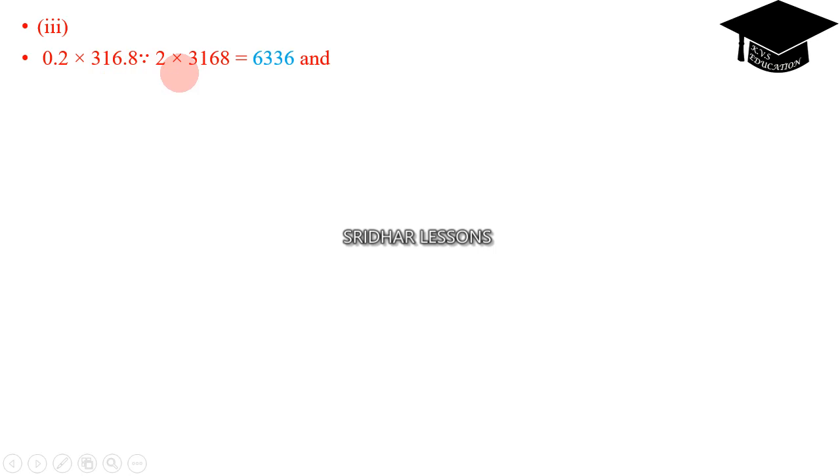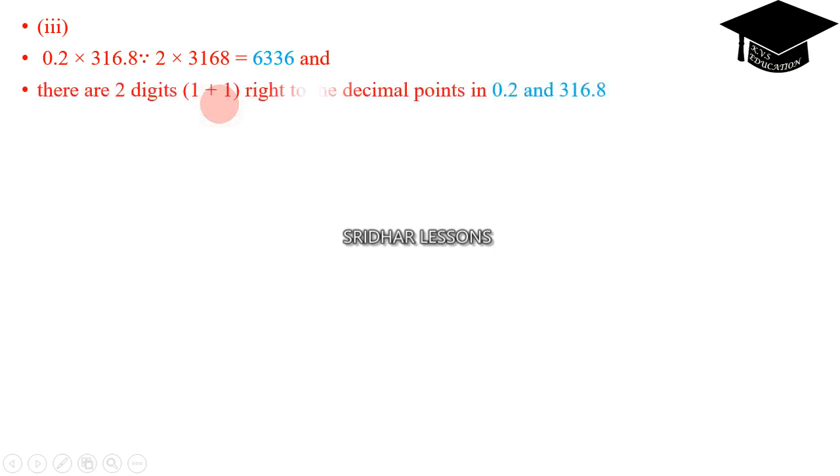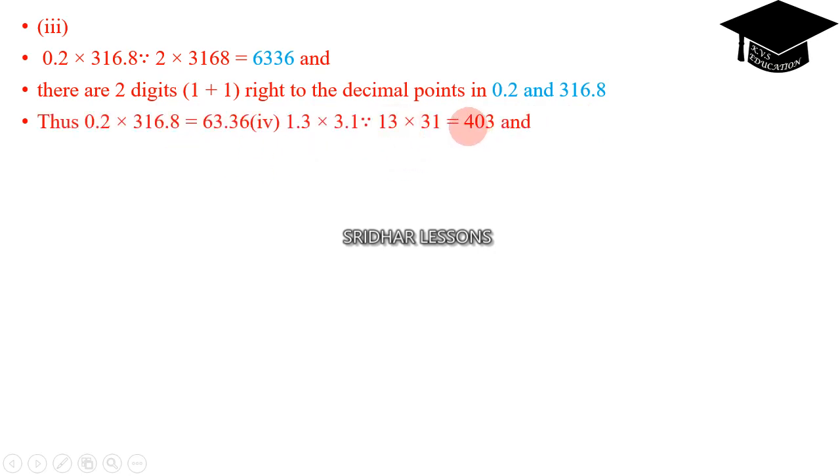We can write 2 into 3168 is equal to 6336. And we have two digits right of the decimal point, so it is 63.36. Here is the answer.